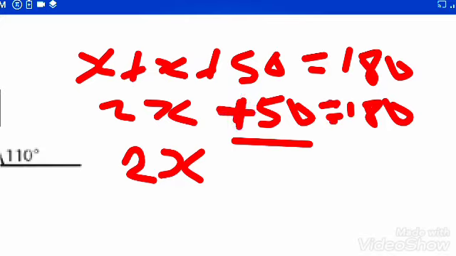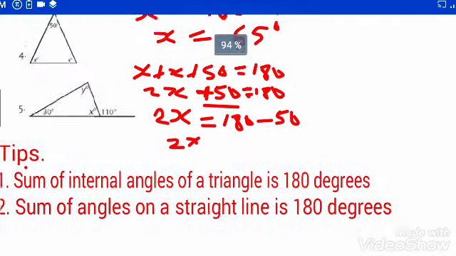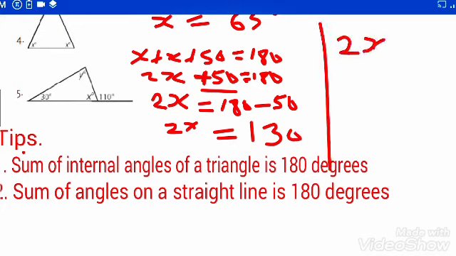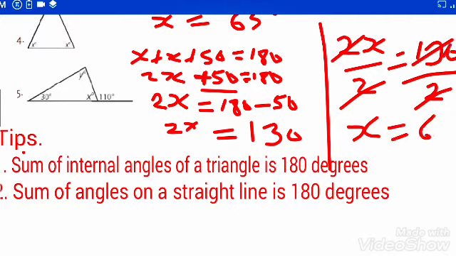Now it's plus, so it's going to change to minus 50, and 2x is going to be 180 minus 50, that's 130. Therefore, we're going to divide by the coefficient of x, which is 2. It's going to be 130 over 2. This will cancel out. Now 2 into 13 will give 6 remainder 1. We'll put it in front of this 0 to make 10. 2 into 10 gives 5.